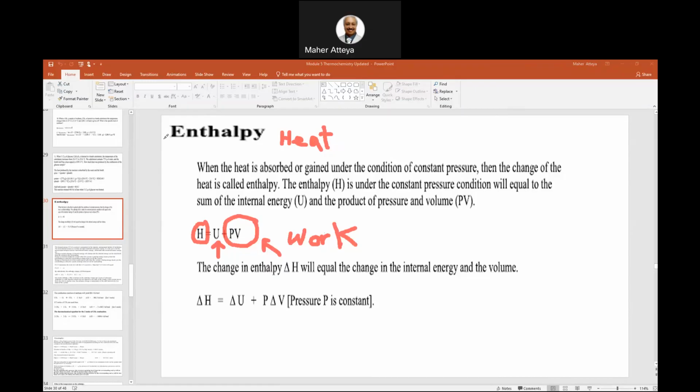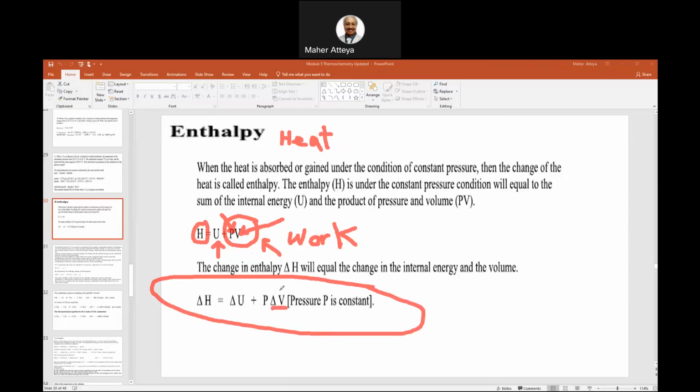The pressure is always constant, we don't change the pressure here, so the volume is changing. So the change in enthalpy is equal to the change in the internal energy plus the work, because it's caused by the motion of the molecules within the system itself. So this is the heat.